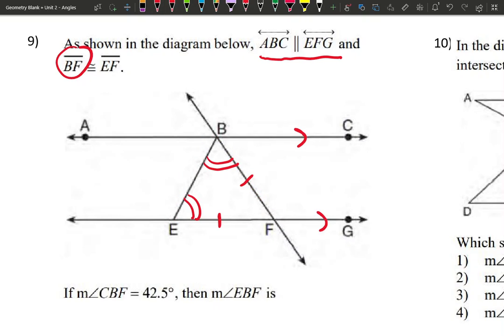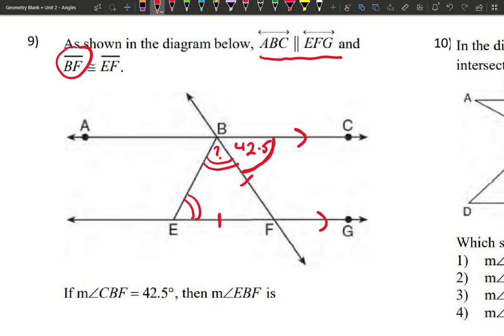If the measure of angle CBF, so C to B to F, is 42.5, then the measure of angle EBF is, they want this angle over here. All right. Well, there are many ways to do this. I'm just going to choose one way that I could see very easily.